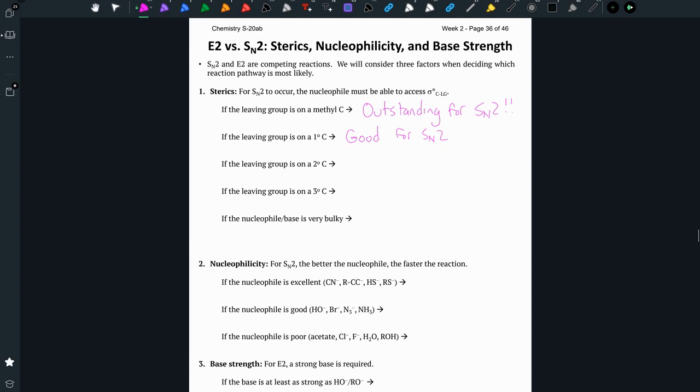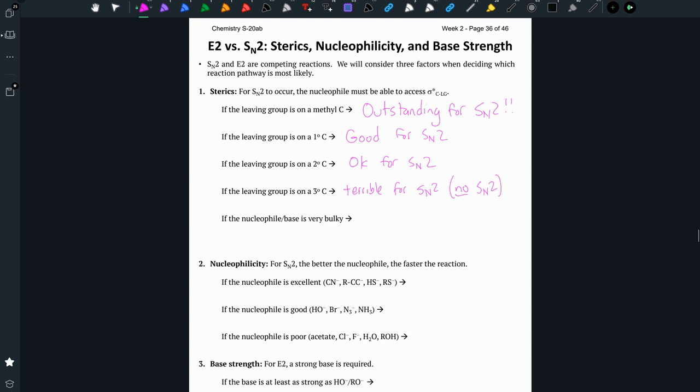If the leaving group is on a secondary carbon, this is just okay for SN2. And remember, when the leaving group's on a tertiary carbon, this is terrible for SN2. Or really, it disqualifies SN2. So basically, there will be no SN2 in that case.